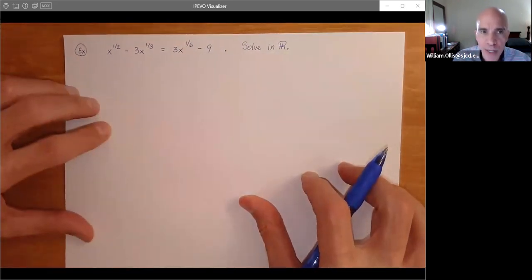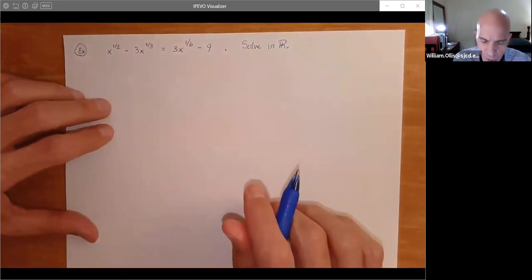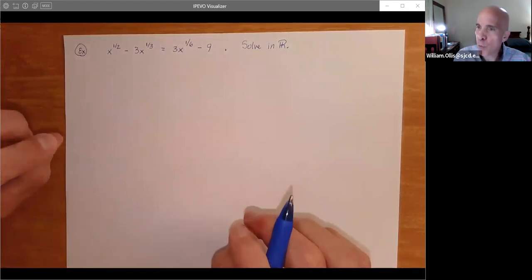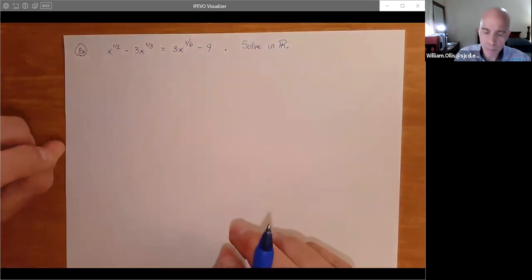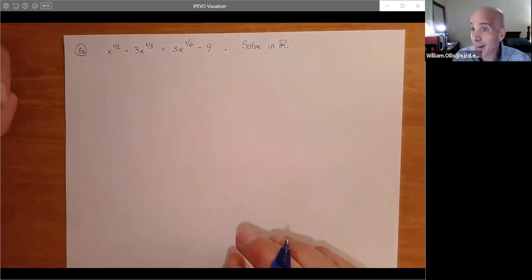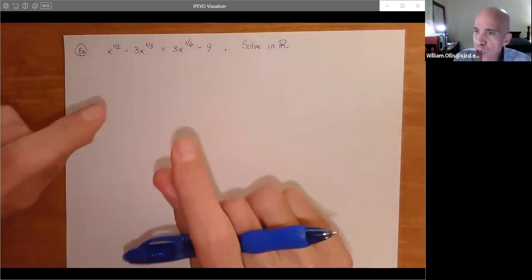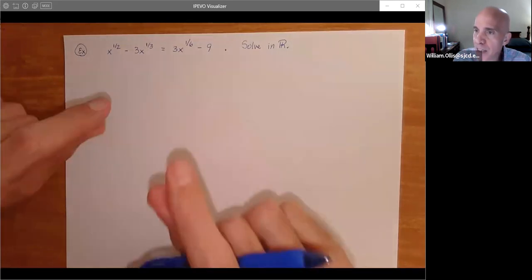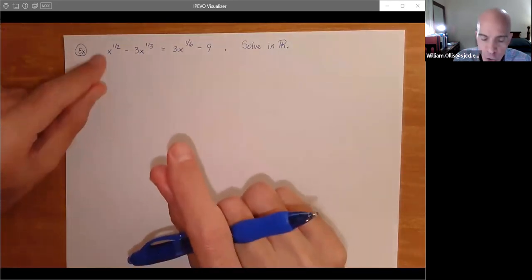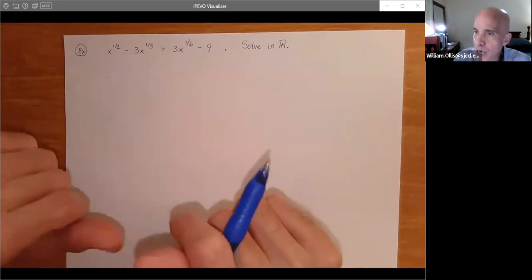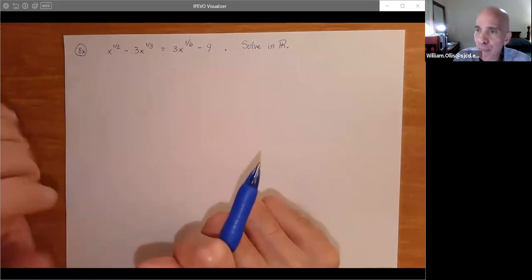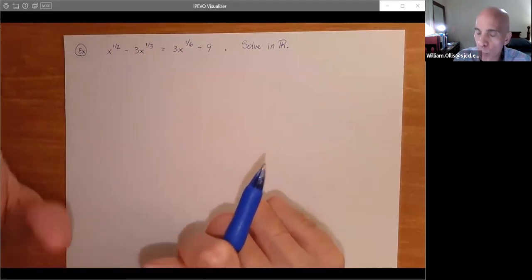Now, when you look at this, you're thinking, well, is it quadratic form? Maybe it's quadratic form. Maybe I get some common factors and I can rearrange things in factor. But the first thing we want to do to make this problem easy is to make sure that all these powers have the same denominator. And then we can figure out what we have.